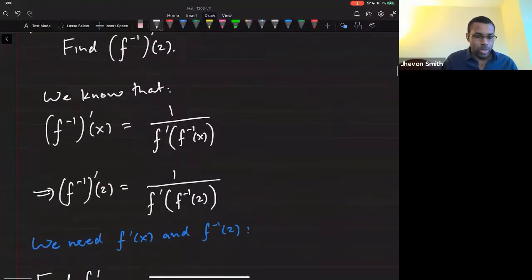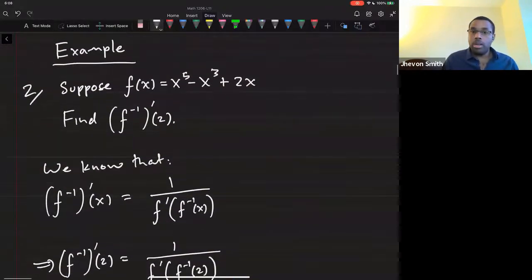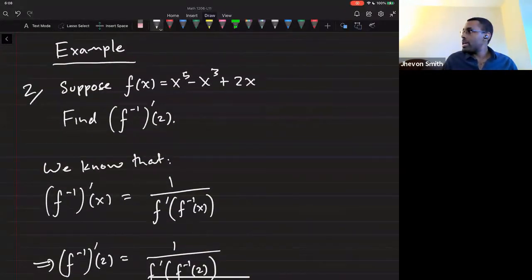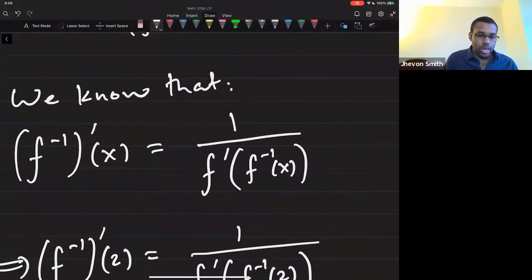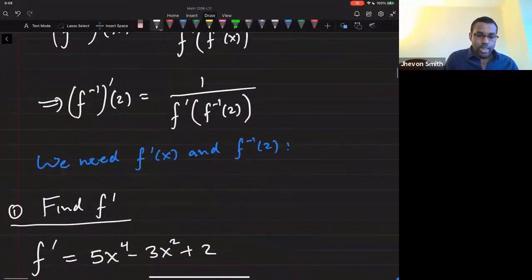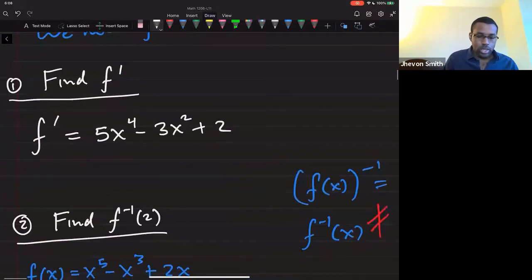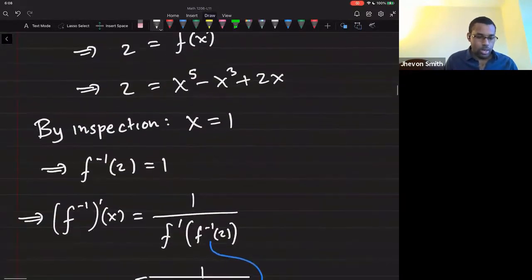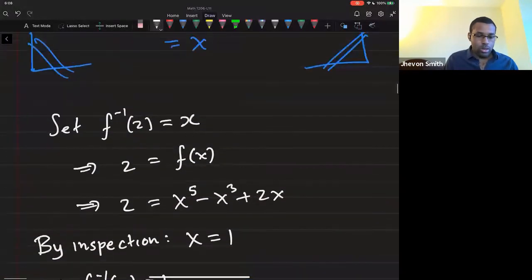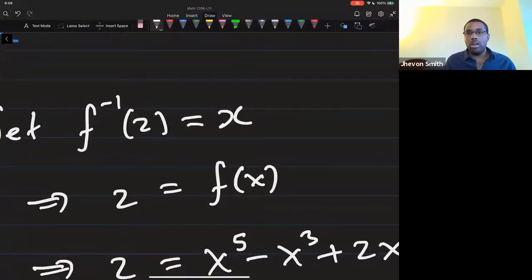What else did we do? Did one of these examples. We can talk about the derivative of the inverse at a specific point, and pretty much you can use this formula here. To find the inverse at a particular point, you set your function equal to that value, because if the inverse function of some number is some unknown, it means that f applied to that unknown is what gave you that value.